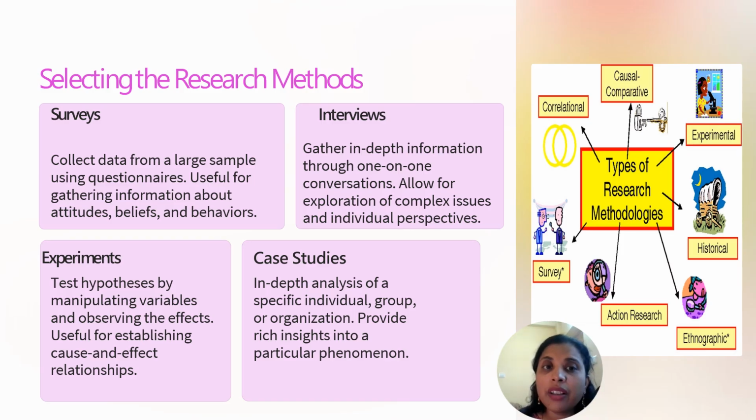Selecting the research methods: when we talk about what type of methods you will be using in your research approaches, if it is a quantitative study, always go for a larger survey method. And if it is a qualitative study, go for the interview method, where you seek the responses one on one in a very descriptive format.